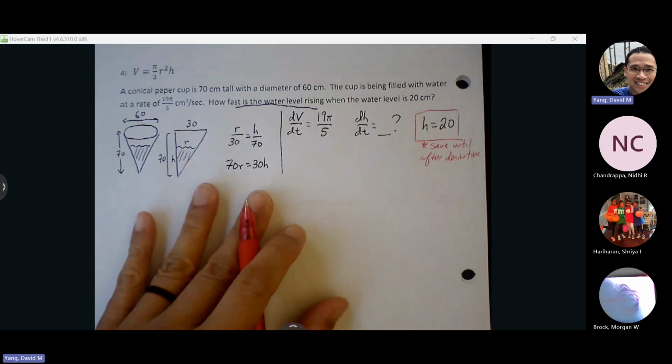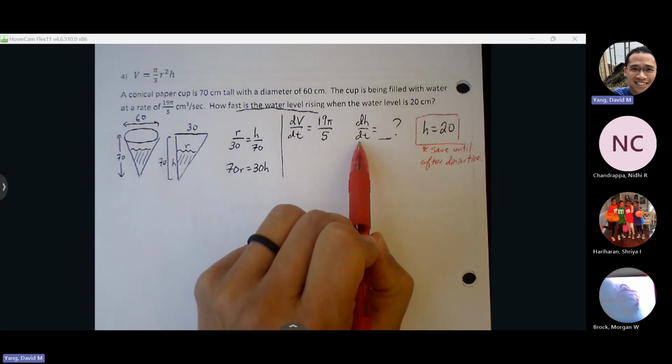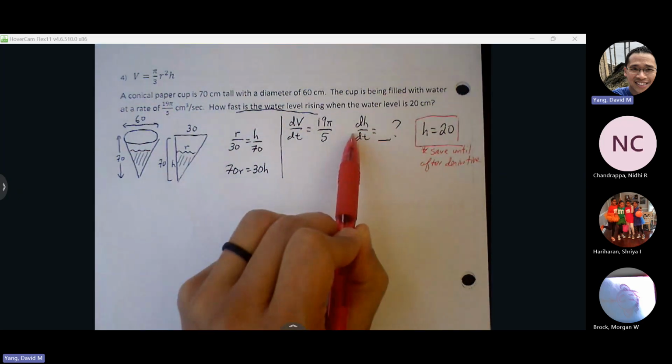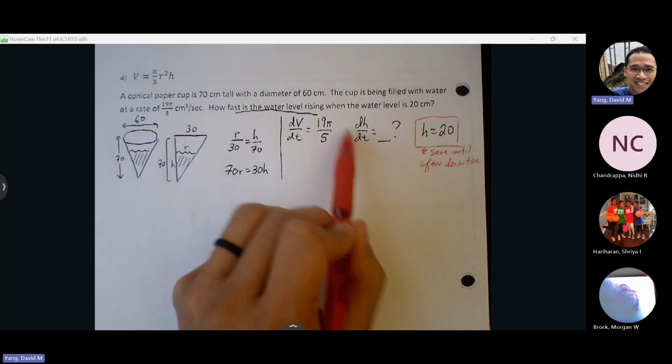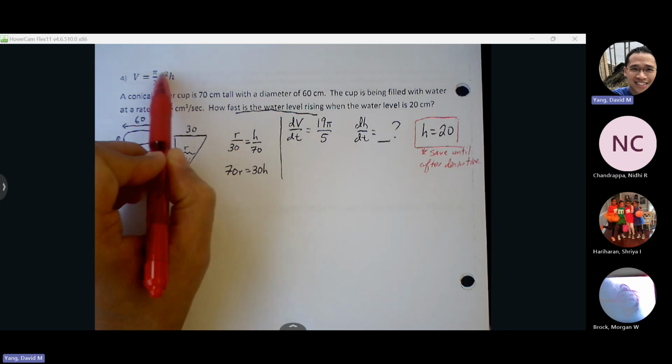Explain how you know to solve for either H or R. Yeah, so the big hint is that we're looking for dH/dt. We prefer to have our volume equation in terms of H, because H will naturally produce dH/dt when we do the derivative. And because we're looking for dH/dt, we would like to get our R variable to go away.